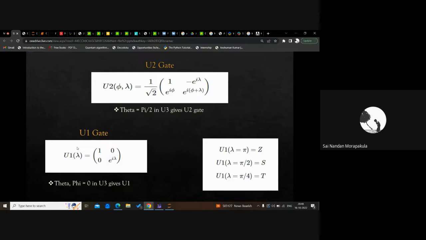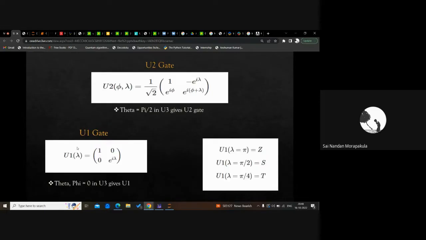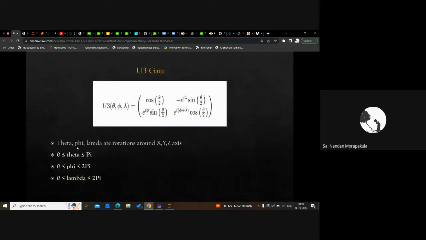So the same goes for U2 gate. U2 gate can be designed from U3 gate, basically by keeping theta as pi by 2. For example, in U3 gate, if you keep theta as pi by 2, then it is equal to U2 gate. You can check it for yourself. Let us take cos theta by 2. Here theta is pi by 2, so what will we end up with?